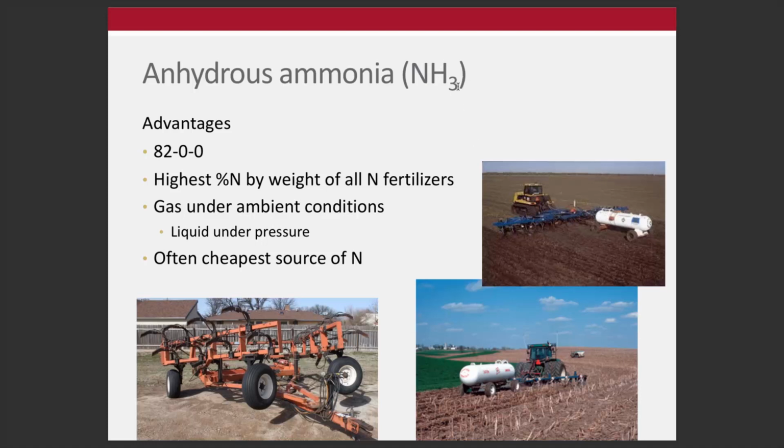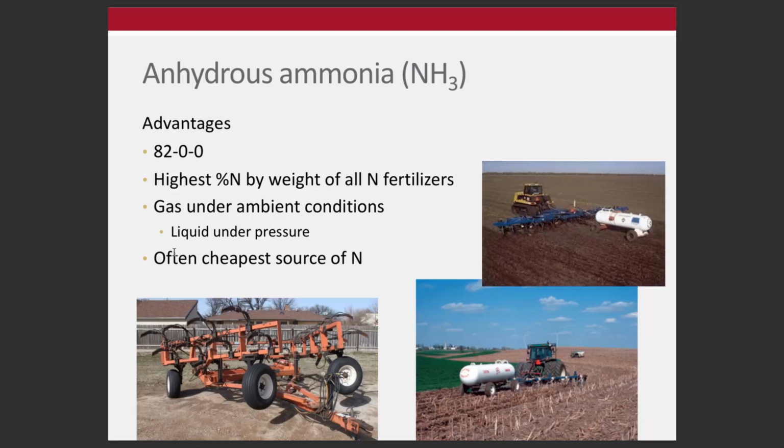Nitrogen in nature doesn't exist just by itself unless it's dinitrogen gas, so it's manufactured. It's a gas under ambient conditions, but then it's put under pressure and put into liquid form.